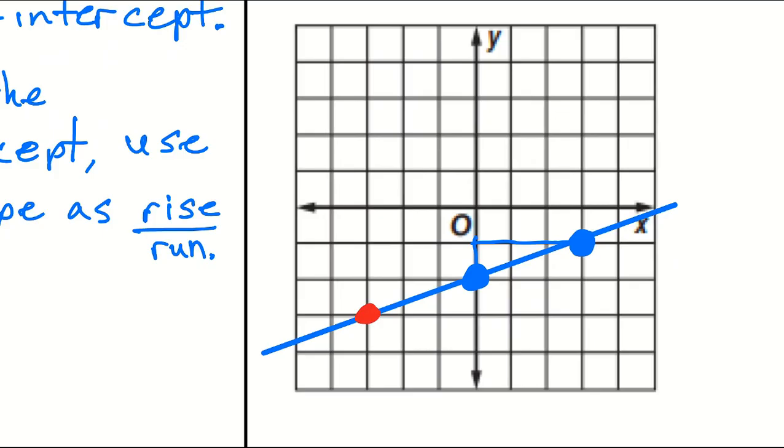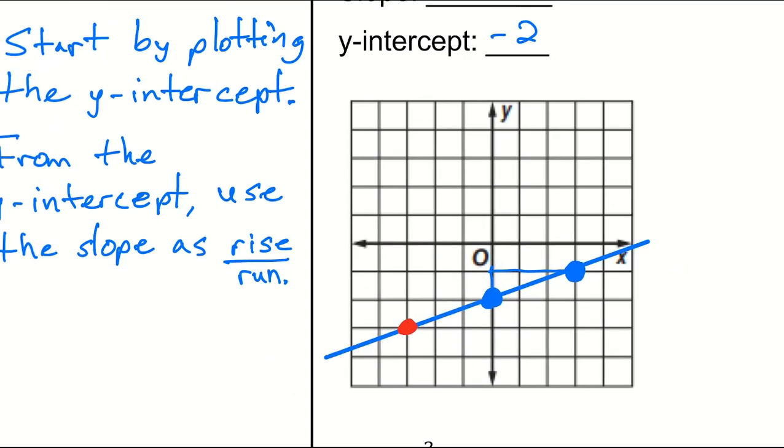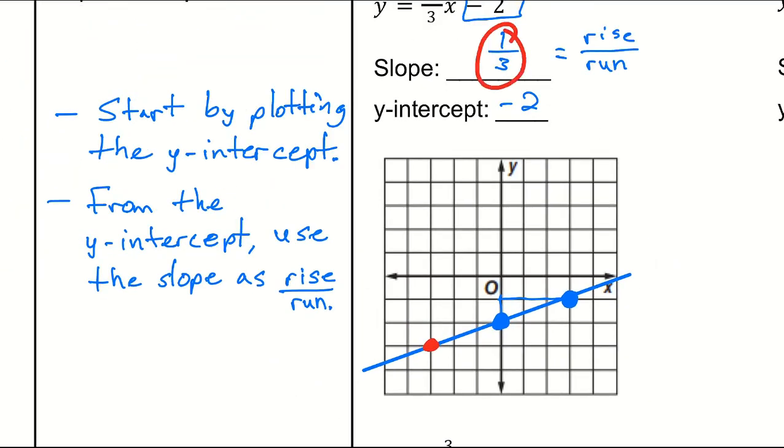What you could do, we did a rise and a run of 1/3, right? But what you could do from the y-intercept is go down 1 and left 3, to where you have a negative 1 rise and a negative 3 run. You could do that. And sometimes you're going to need to go in the opposite direction that I taught you. It just happens. It depends on the numbers.